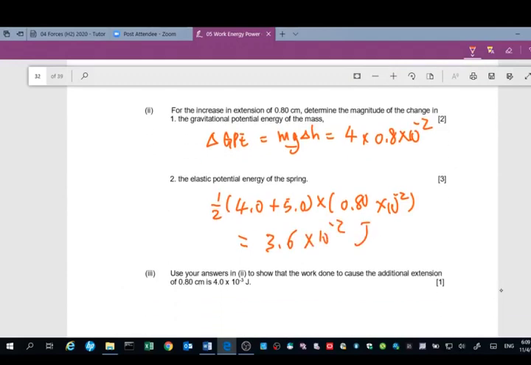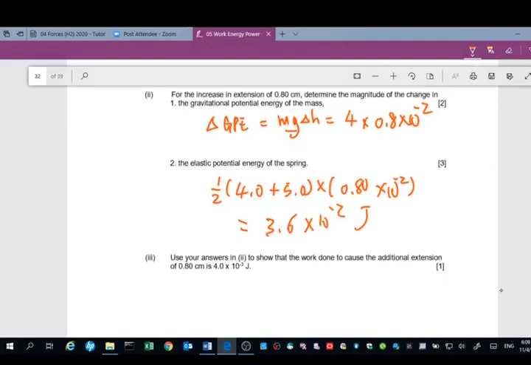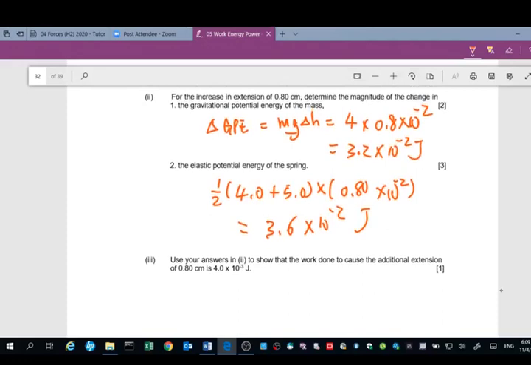The last part: use the answers in part 2 to show that the work done for the additional extension is 4 times 10 to the power minus 3. Over here, the change in gravitational potential energy you get is 3.2 times 10 to the power minus 2. As you can see, the answers in part 1 and part 2 are not the same.